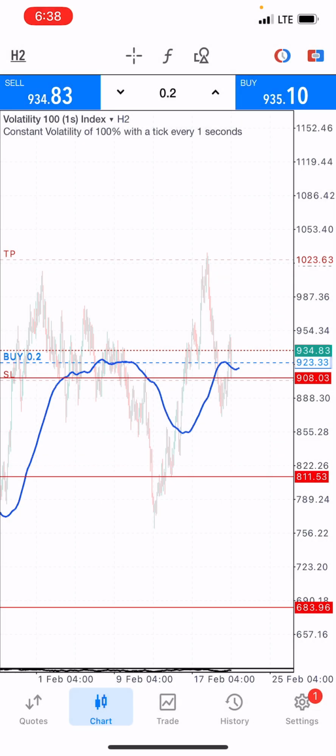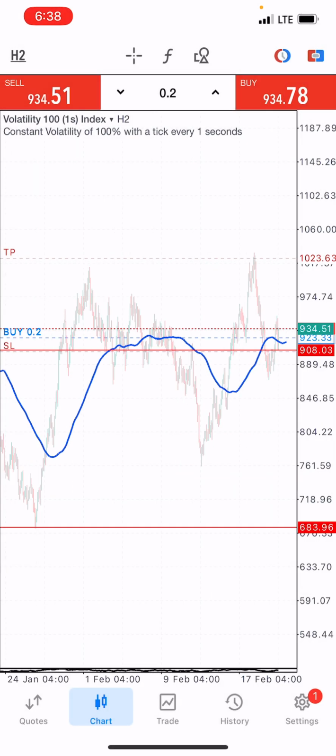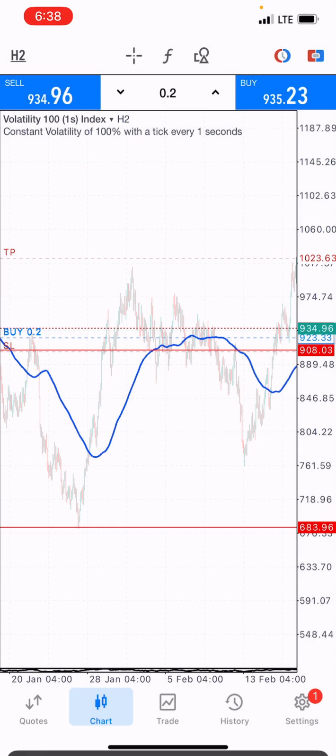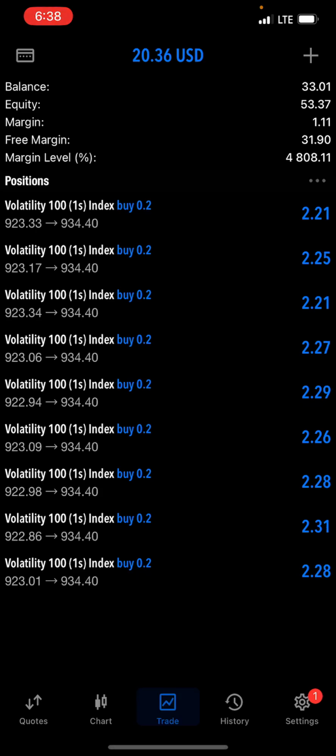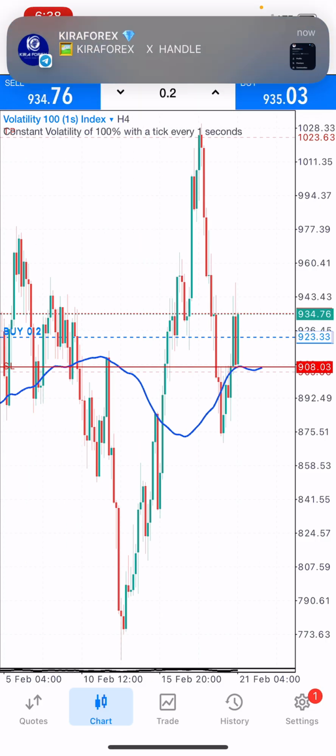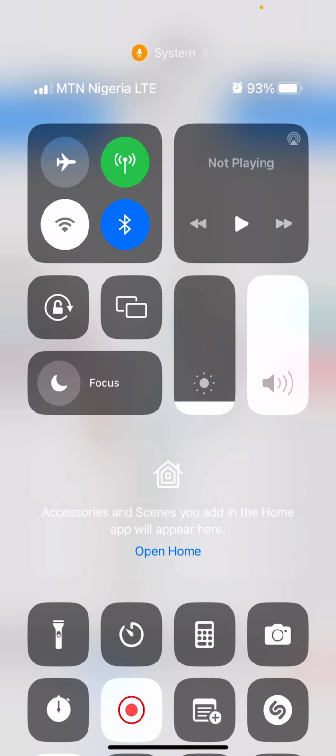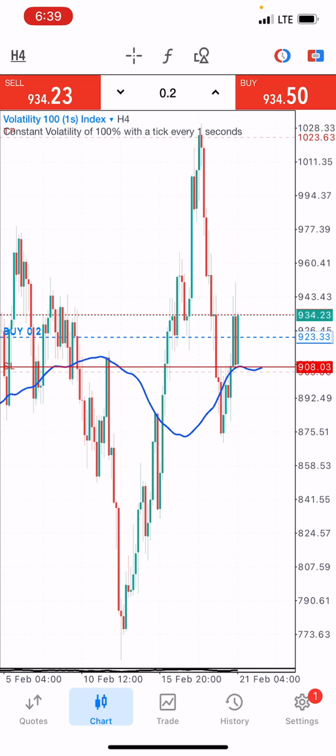The reason for the trade is very simple. First of all, we have to move to a higher time frame.